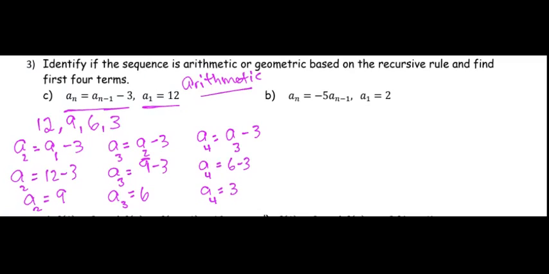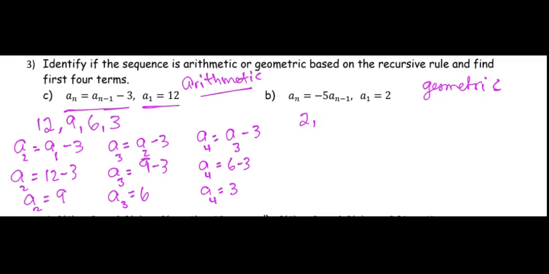For B, I have a sub n equals negative 5 times a sub n minus 1, and the first term is 2. This means that a sub n is equal to negative 5 times the previous term. So this means this is a geometric sequence. The first term is given to us, which is 2.